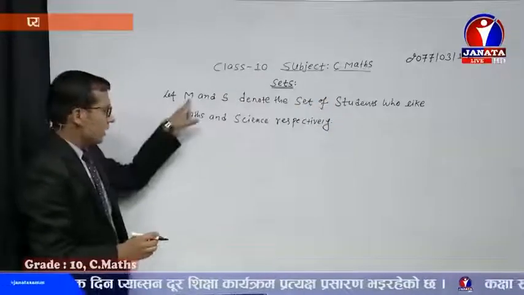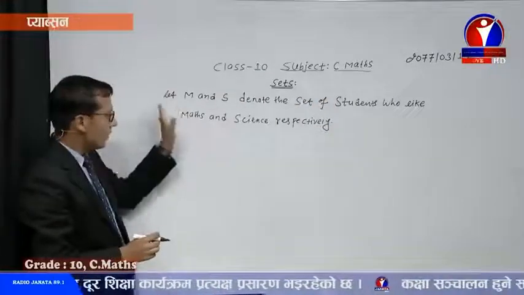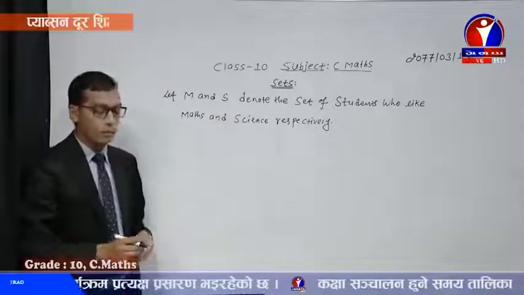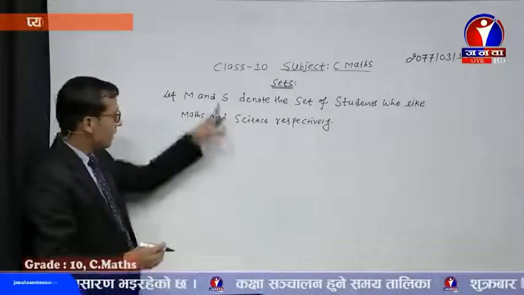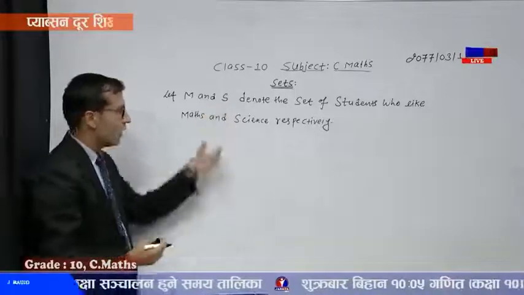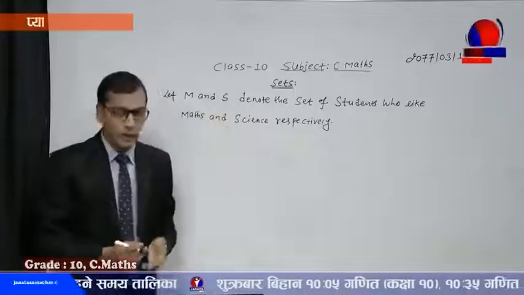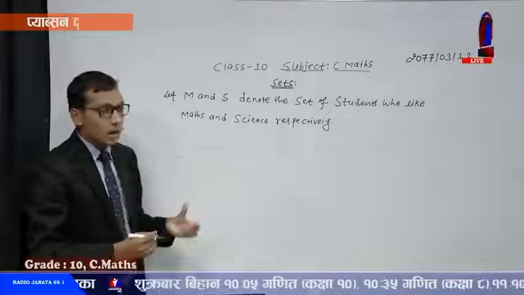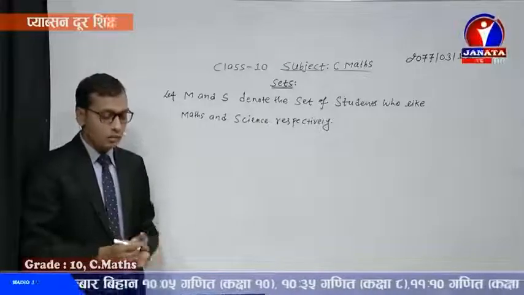So what is M? M is the set of students who like math, and S is the set of students who like science. So after writing this language, now let's pick up the information given from the question.